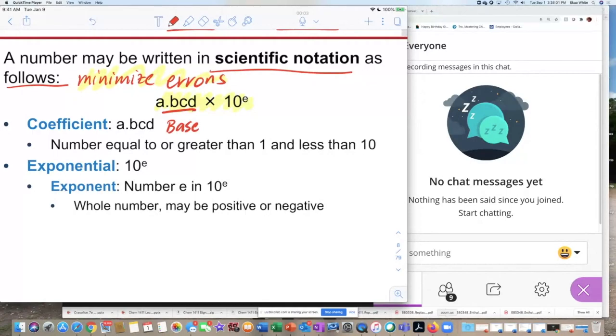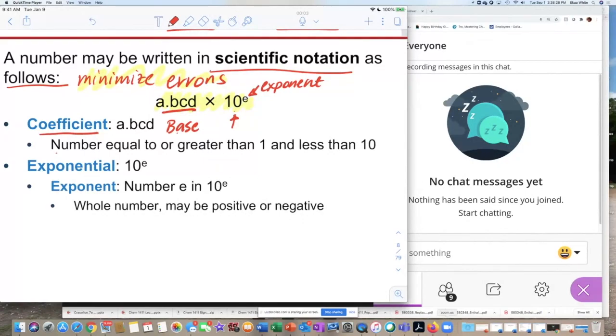You have the 10, which is based on the logarithm with a base of 10, and then you have the exponent. So 3 parts: the base number, then the 10 raised to the power of the exponent.